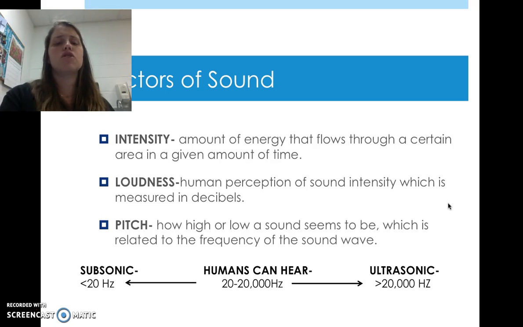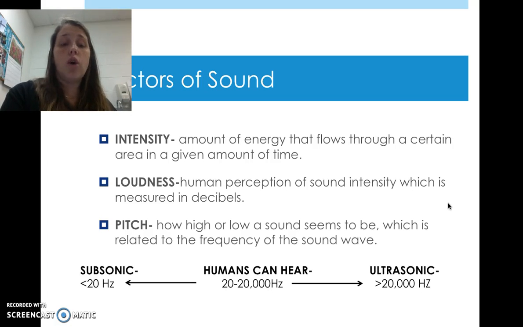Loudness is measured in decibels, compared to intensity, which is the measure of energy or amplitude of a wave. And then finally, pitch. This is how high or low a sound seems to be, meaning high-pitched or low-pitched, which is related to the frequency of the sound waves. So the pitch is going to be related to the frequency.